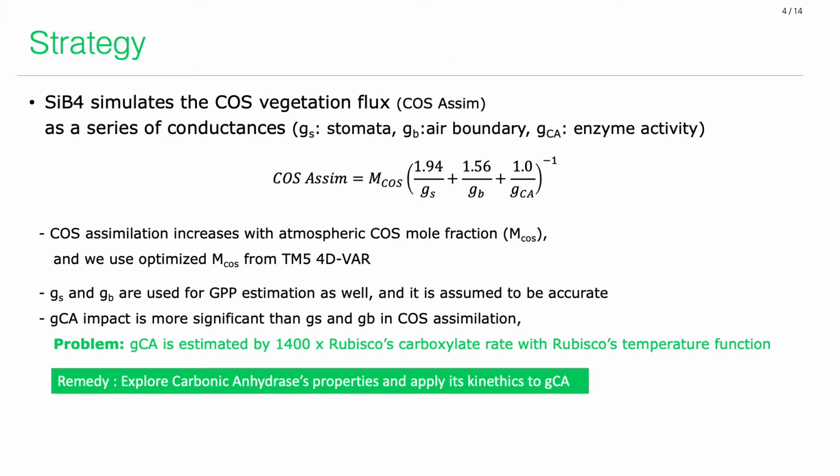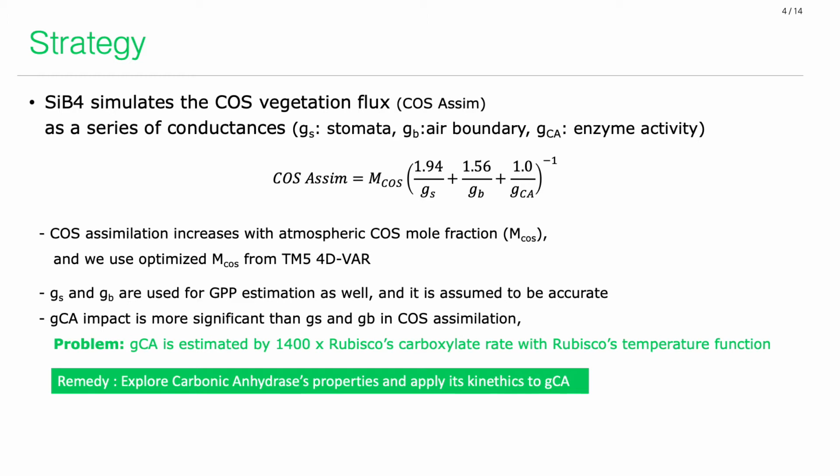SiB4 is a biosphere model, well known for the carbon cycle in the biosphere. COS can be simulated by multiplying the COS mole fractions in the air with a series of conductances in the model. For the mole fractions, we use the optimized values from the TM5-4DVar assimilation system.